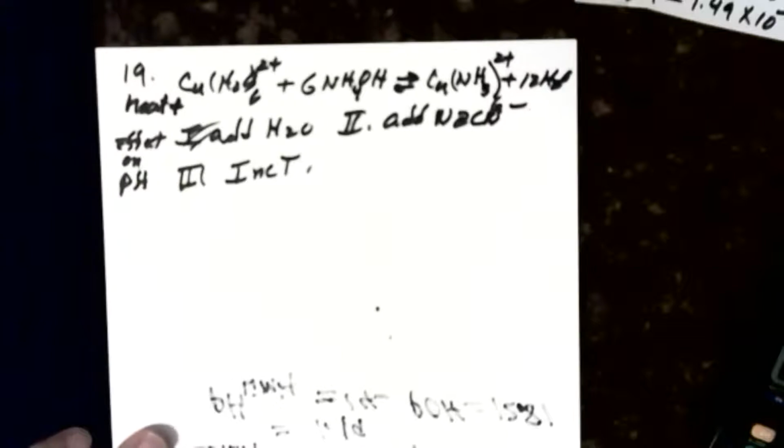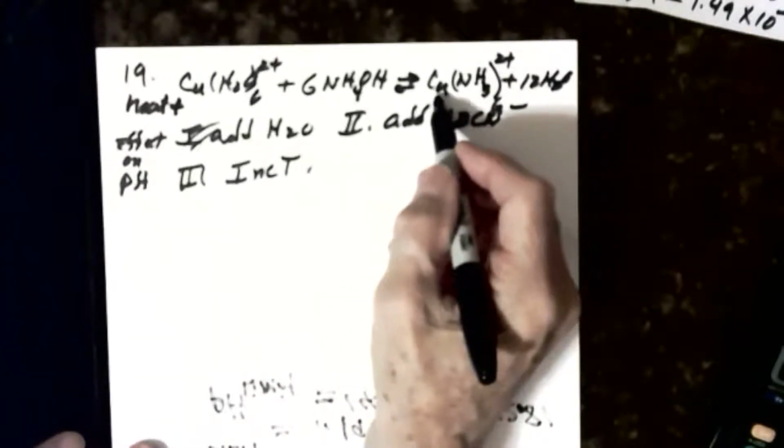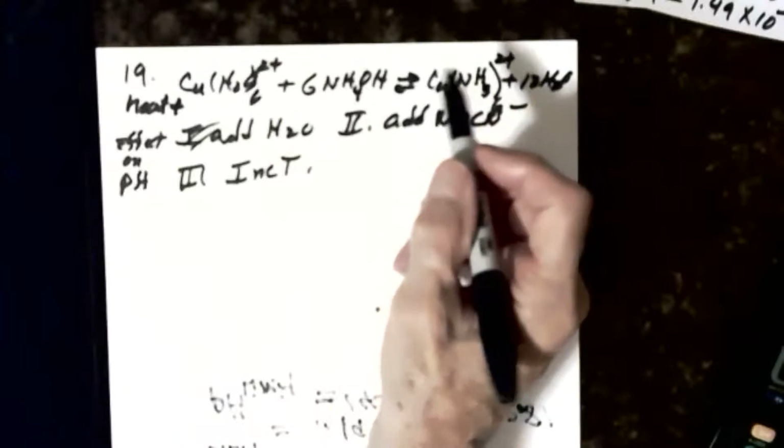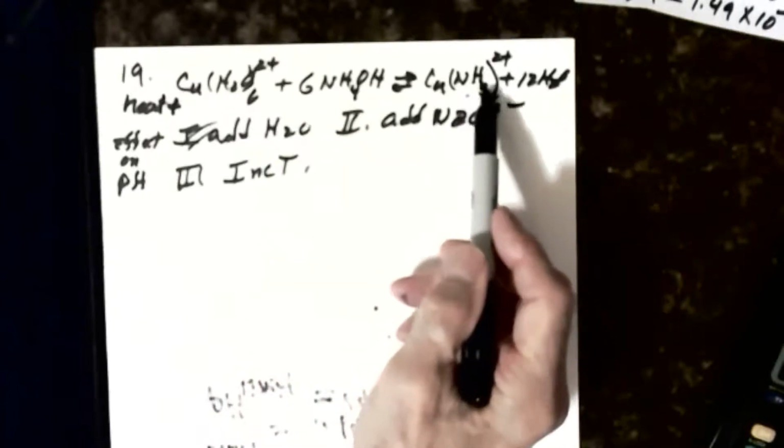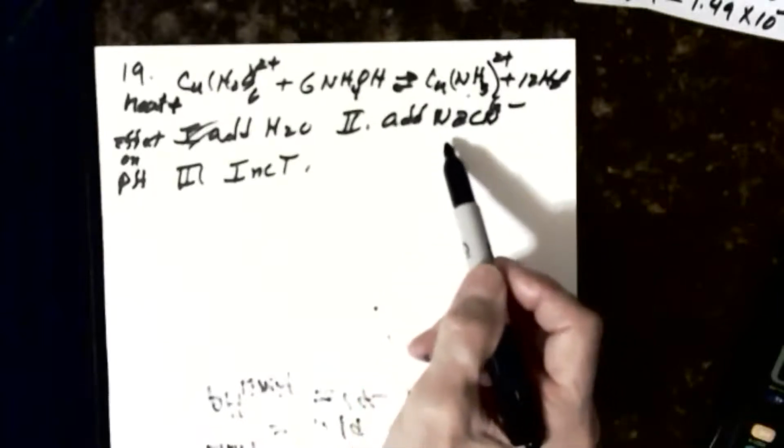And so let's see what happens when we add cyanide to it. Well, now the cyanide ion is going to try to compete with the copper. On one side, I've got water, and I've got the ammonia complex of copper. If I put cyanide in, the cyanide is going to compete with each one of them.